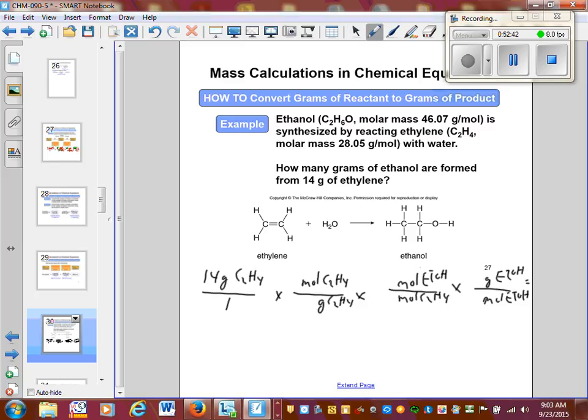1 mole of ethylene weighs how much? What's its molar mass? 28.05. Moles to moles, what do we use? Coefficients. So what's the coefficient in front of ethanol?